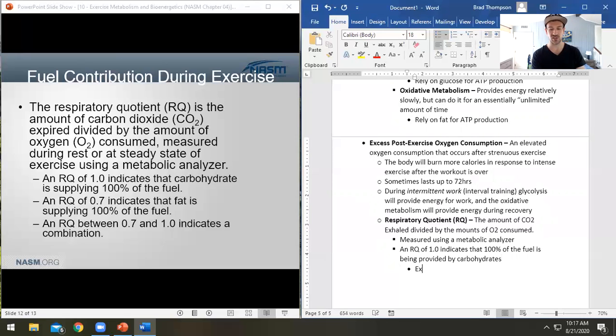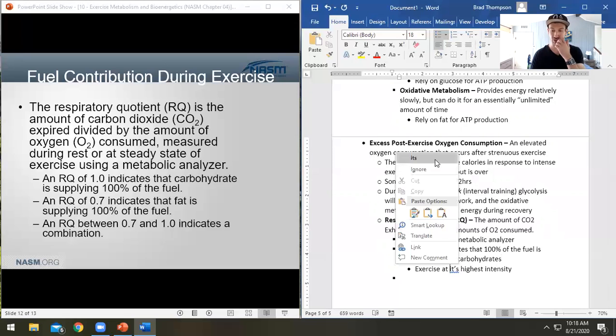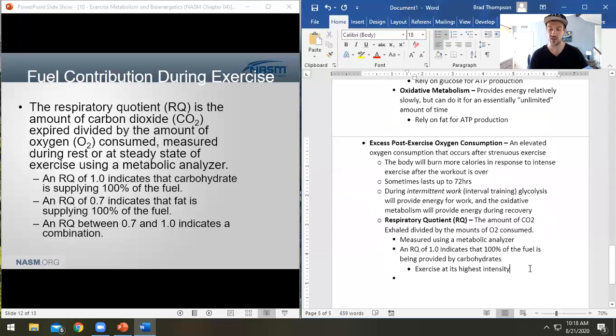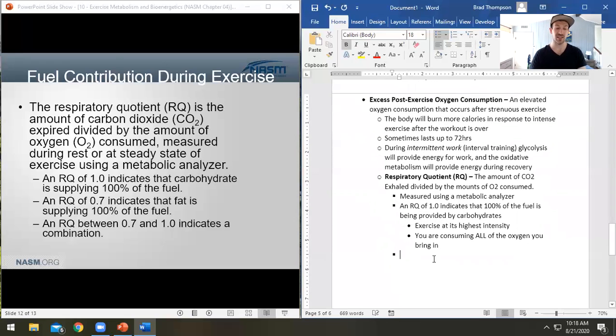This is exercise at its highest intensity. You are 100% working as hard as you can. It means you are consuming all of the oxygen you bring in. But then we've got an RQ of 0.7, which indicates that fat is supplying 100% of the fuel.